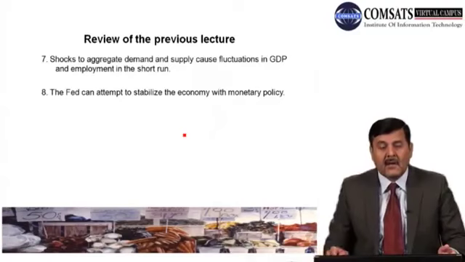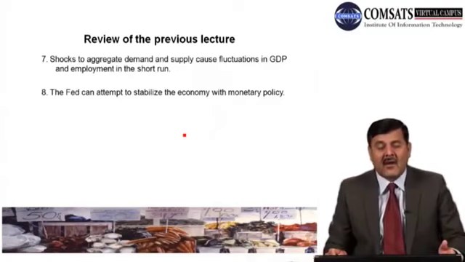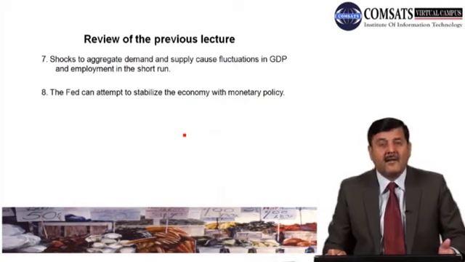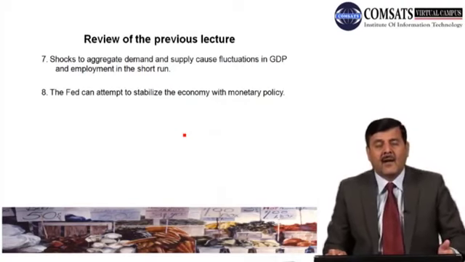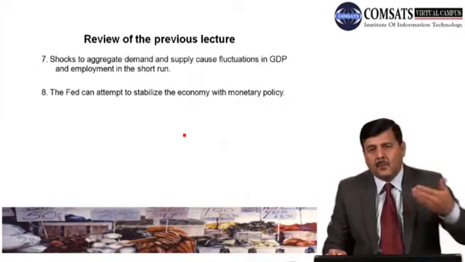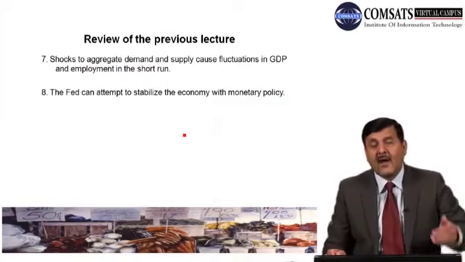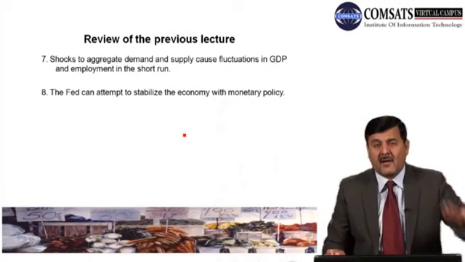what we have learned. Then shocks to aggregate demand and supply cause fluctuations in GDP and employment in the short run. But the federal government or the Fed can attempt to stabilize the economy with monetary policy. They can use the money supply to stabilize the economy and bring it to its natural rate of unemployment, natural rate of employment and natural rate of output.